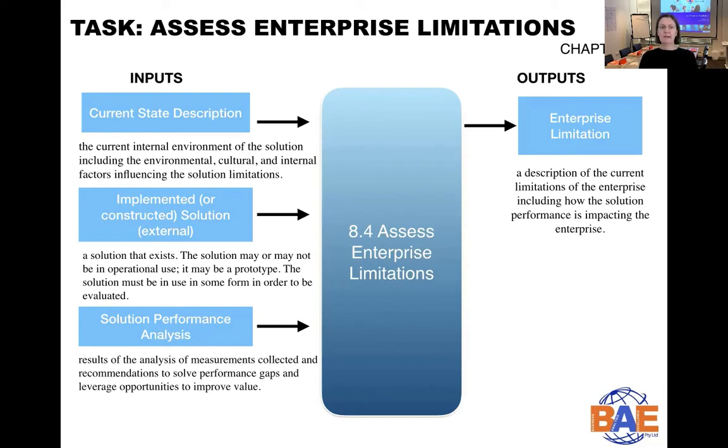This is where we understand the current internal environment of the solution, including the environmental, cultural, and internal factors influencing the solution limitations. This is actually very important information and a critical input for assess enterprise limitations. You do have to have a good understanding of the current state.